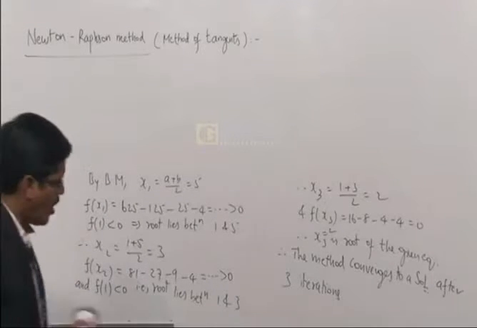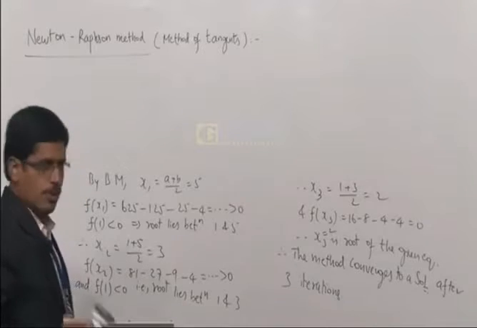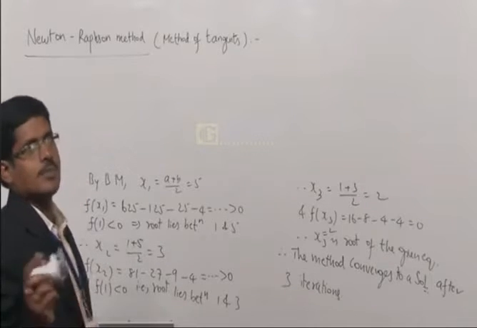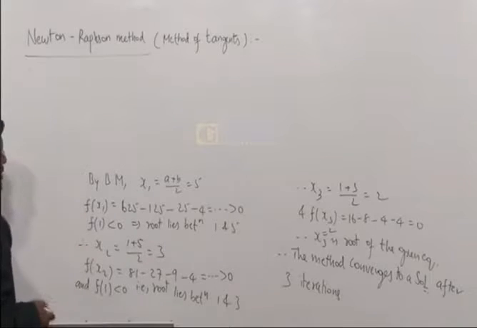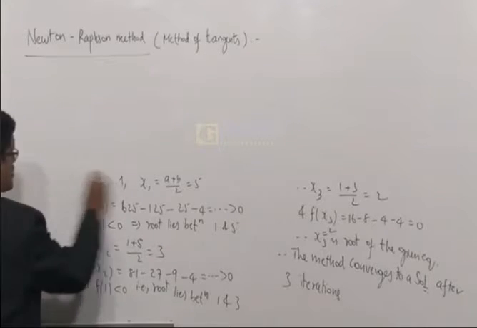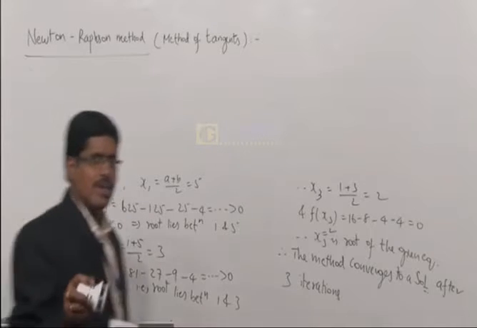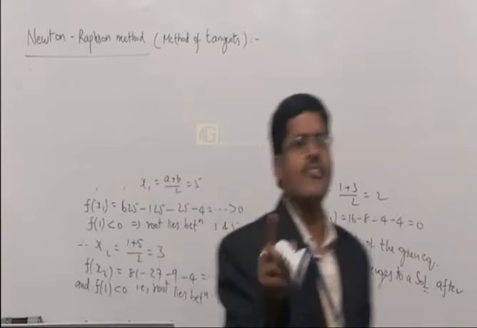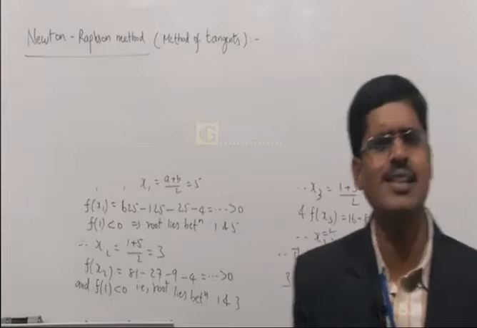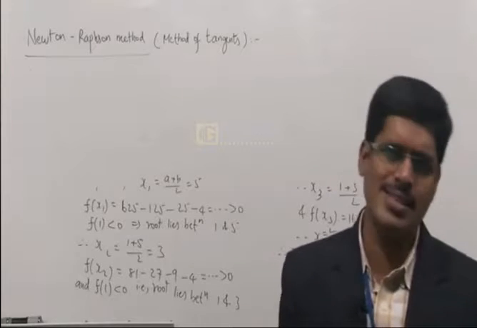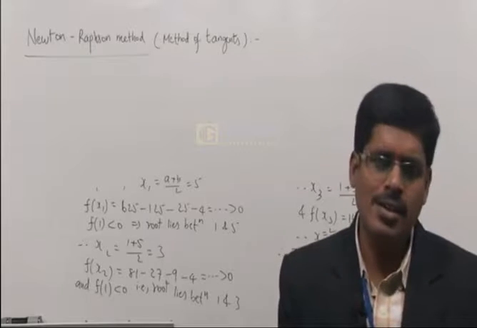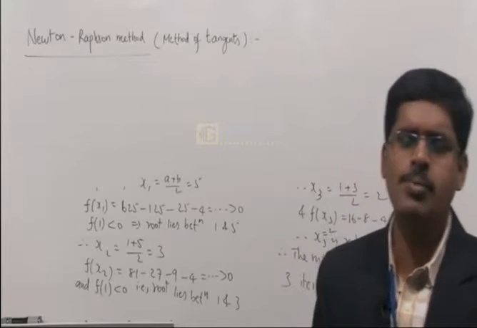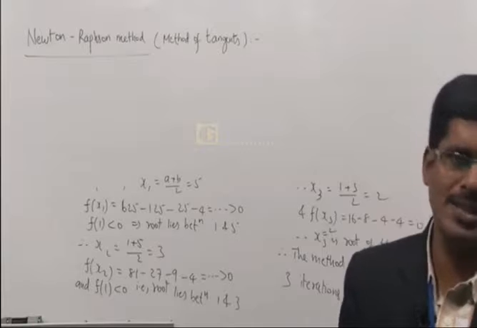Whenever you go on doing these steps, your interval should be reduced in this method, otherwise your problem is going to diverge and you will not get the answer. So at every latest x value, you immediately find its function value and decide the nature, meaning equal to 0, less than 0, greater than 0. Then only we can discuss the next step, we can find the next iteration.